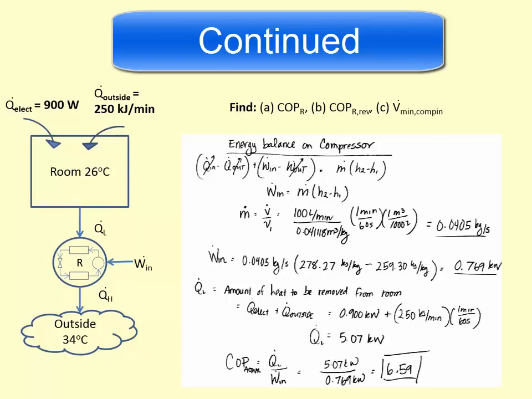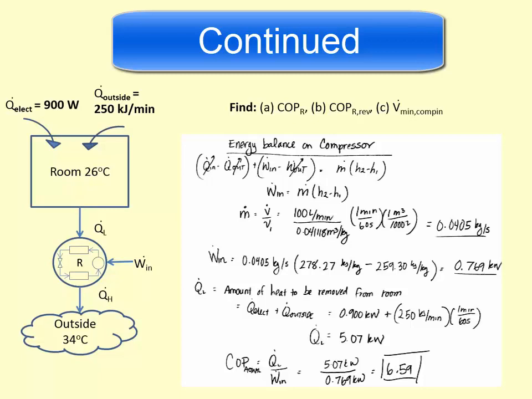Okay, so we found that, but we still haven't figured out anything that we need. We haven't found the coefficient of performance for the refrigerator for the actual case or the reversible case, and the minimum compressor volumetric inlet. So we need to take this work dot in now and our Q dot L and calculate a coefficient of performance using that.